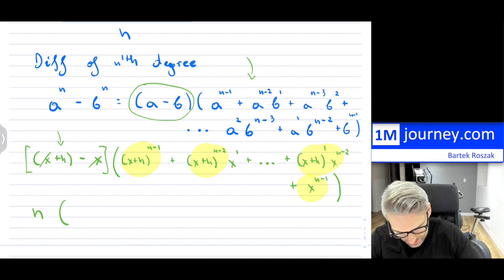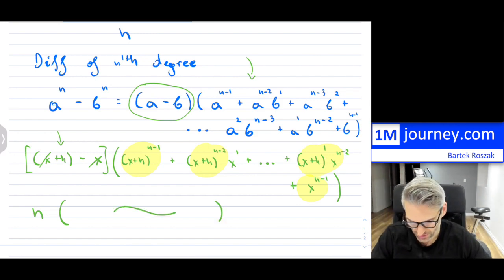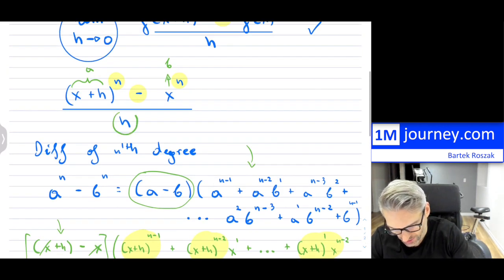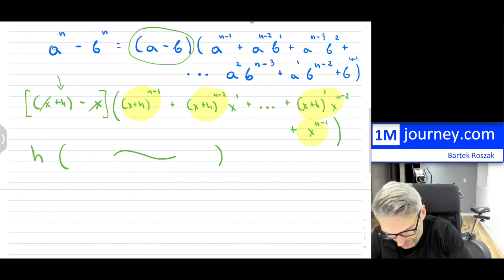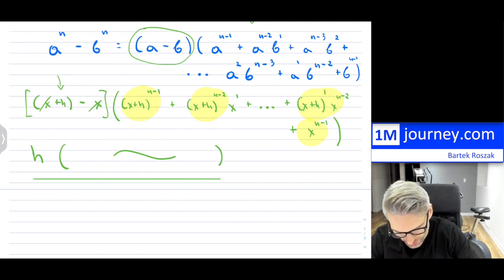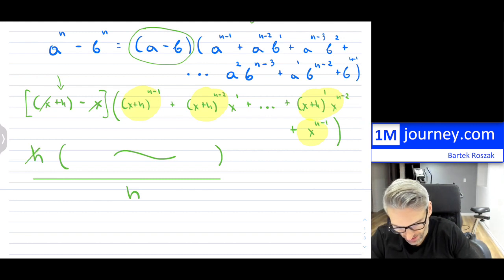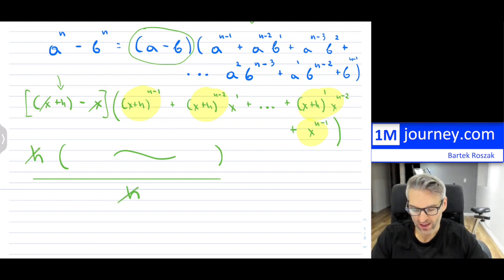I'll just write it as a bracket with a tilde, so that's all of that. I just don't want to rewrite it. And then, of course, this was all over h. If I'm putting this over h, notice that the h and the h cancel.